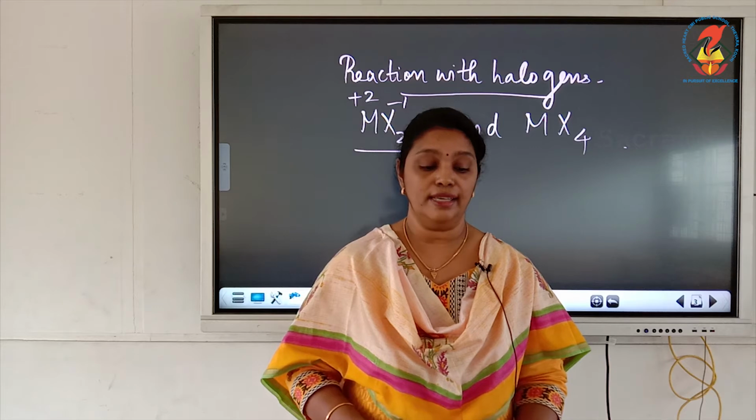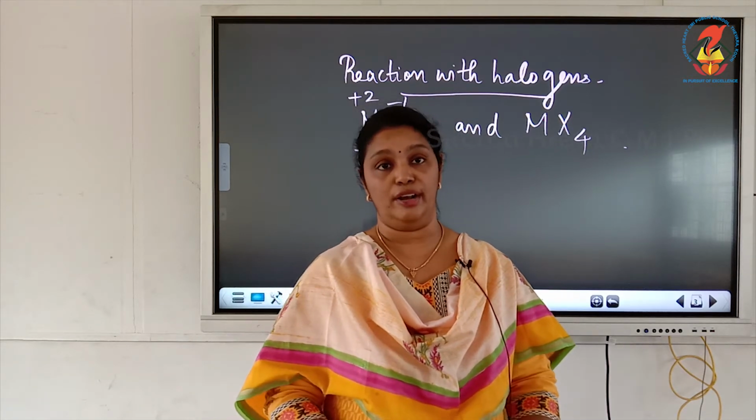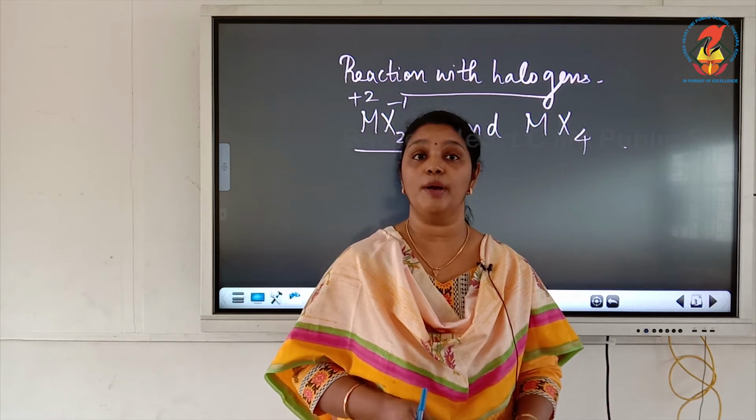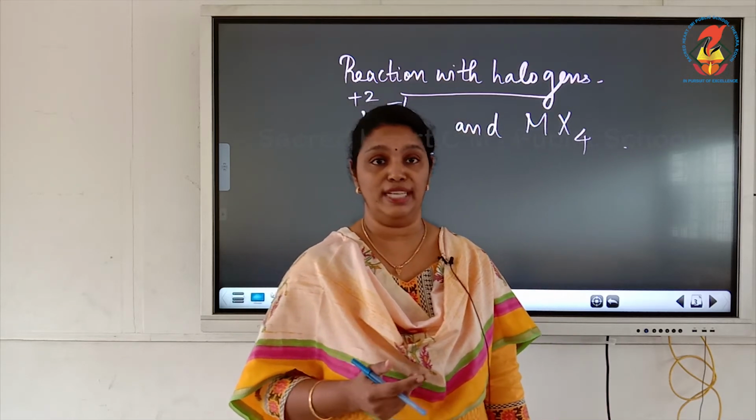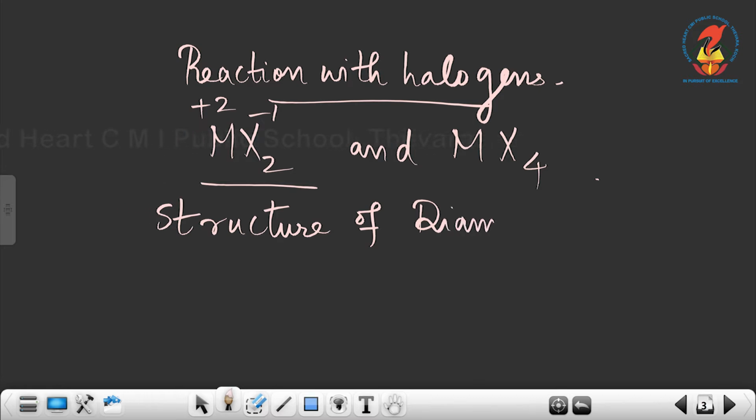Now, let us see the allotropes of carbon, that is diamond and graphite, and first let us discuss the structure of diamond and graphite. First we will discuss the structure of diamond.